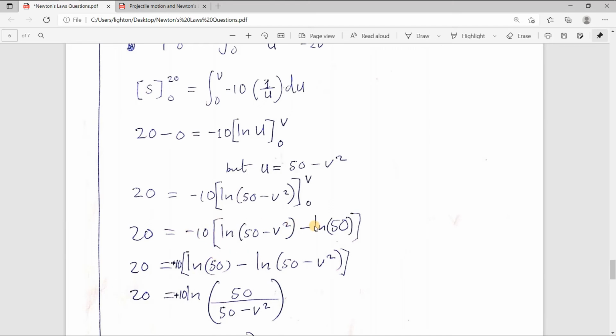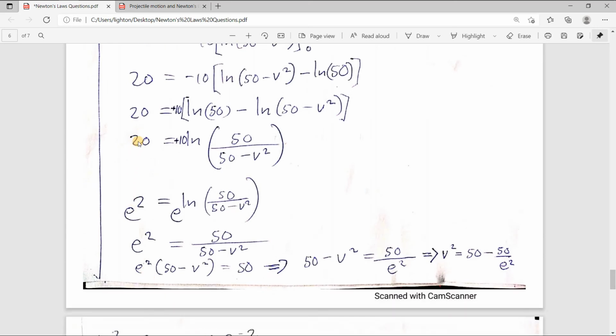So this negative multiplying by the negative ln 50, we'll have the positive ln 50 here, and this negative multiplying with this ln 50 minus v squared, we have a negative there, and that expression. But we have a natural logarithm, and we're subtracting the two, meaning that we can combine these terms in parentheses, and we can have 50 over 50 minus v squared, like that. So this whole expression is the same as this expression here.